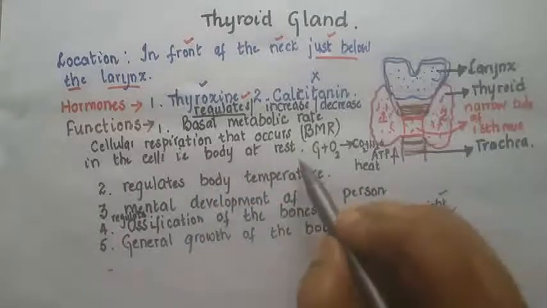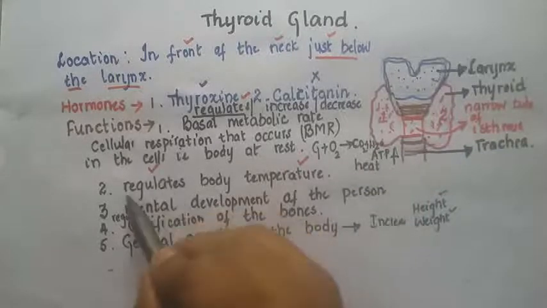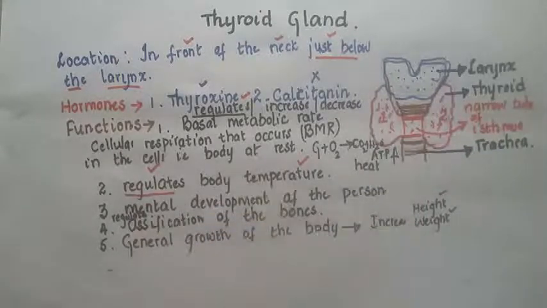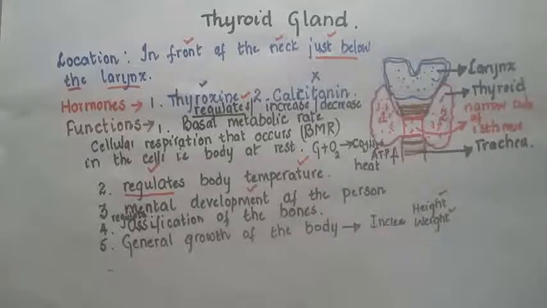Followed by, it regulates the body temperature. So you have to use this word regulation or regulates. It also helps in promoting the mental development of the person or child, which is nothing but improving the IQ, or intelligence quotient, of the person.